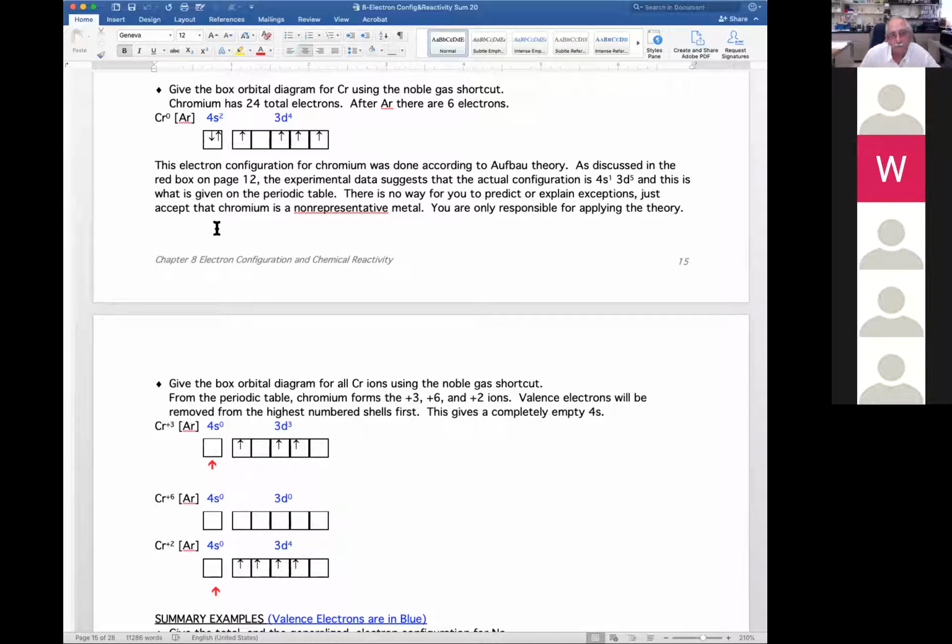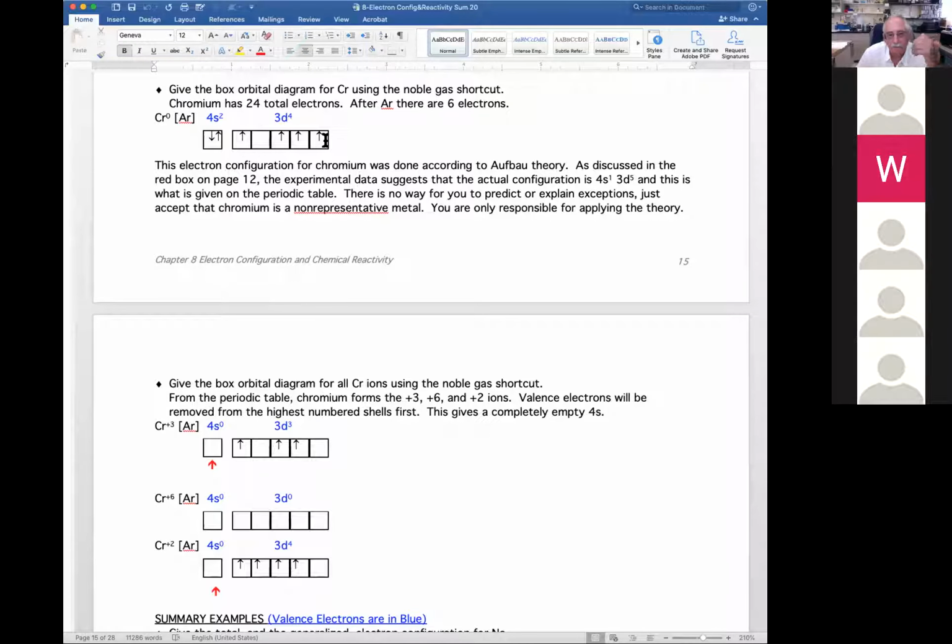If I'm going to form the +6 ion, then I'm taking all of these valence electrons out. If I'm going to form the +2 ion, look at this. What if I took 2 from here? What does that do to give it stability? Nothing, because it's still left as being partially filled.